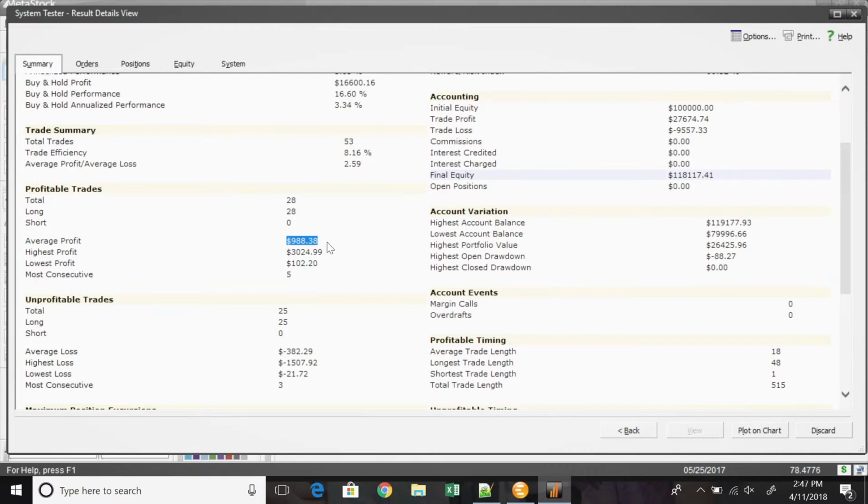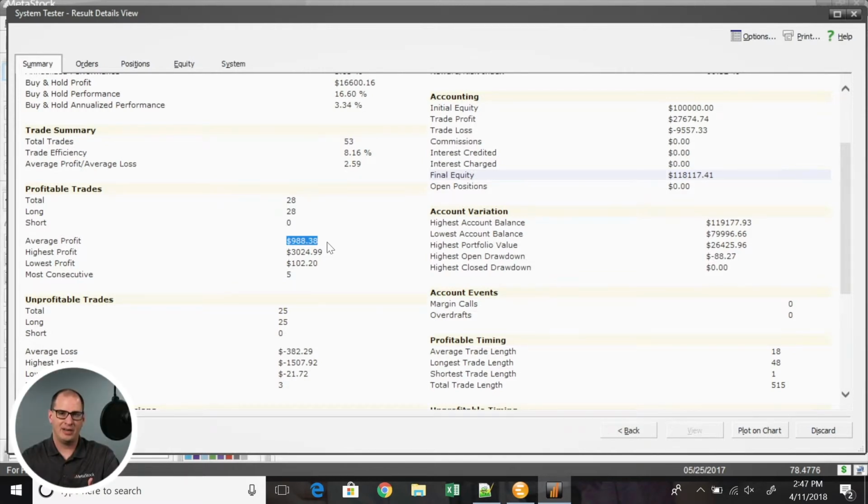So $20,000 was going into a trade. So on average, I was making $988 with every profitable trade. Okay, my highest profit was $3,024, and my lowest profit was $102. Most consecutive, what that means is I had 5 consecutive winners in a row. So that's what that means.